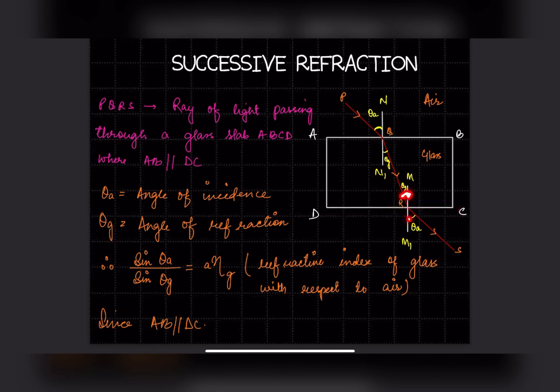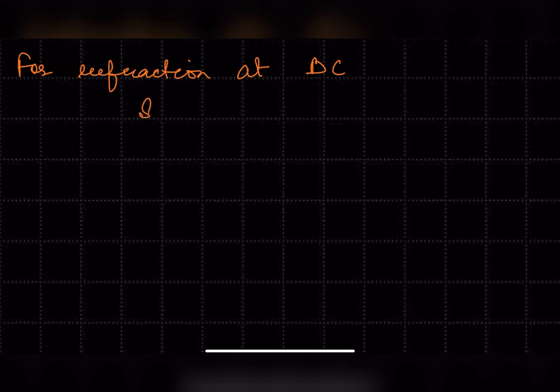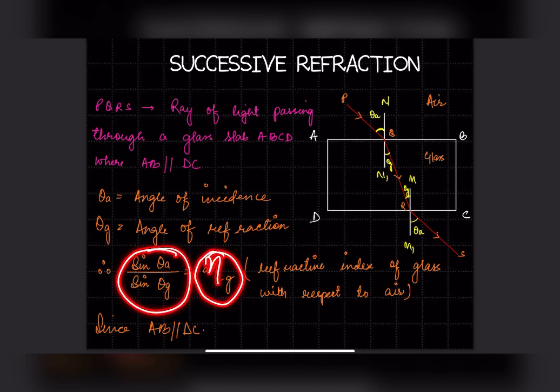Sine of theta G divided by sine of theta A, which will be equal to, okay, look here, theta A divided by theta G is this one divided by G. Okay, A G, refractive index of glass with respect to air.